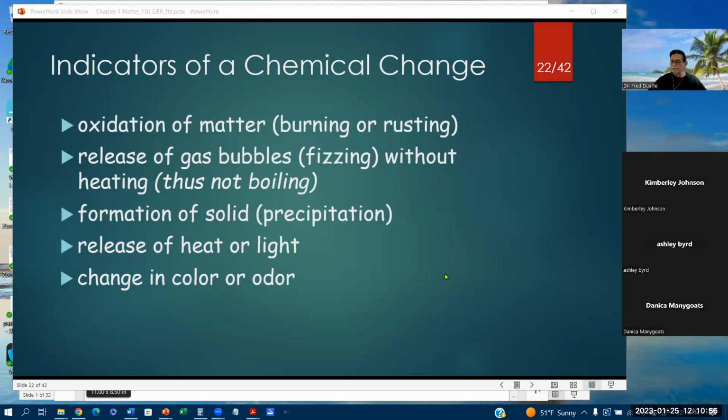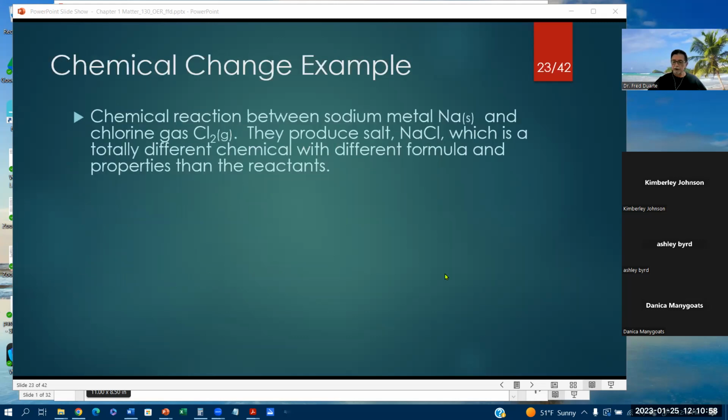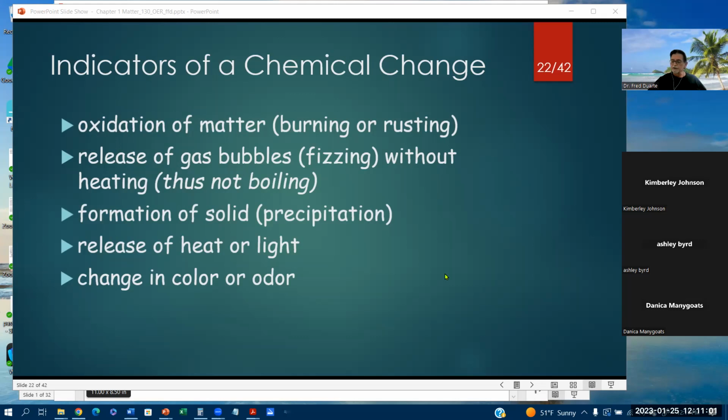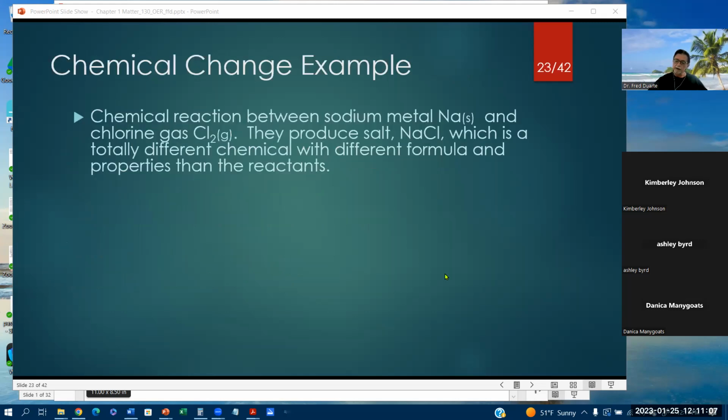All right, so those are some indicators that you put 2 reactants together and something happened. Okay. Now, a good example of a chemical reaction is between sodium metal and chlorine gas.